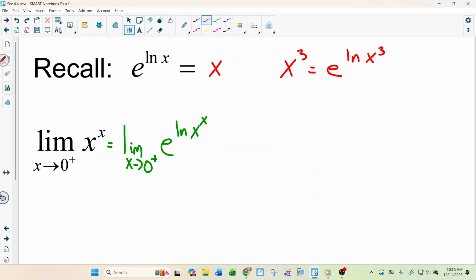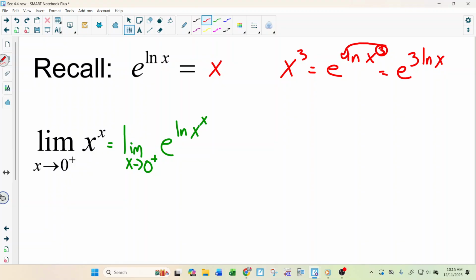It seems like we've made this so much harder than it was a second ago. The reason is, just like up here, because it's a logarithm, you could take this 3 and move it out in front. So x cubed, I could rewrite as e to the 3 times the natural log of x.